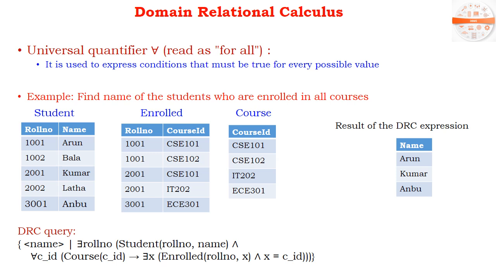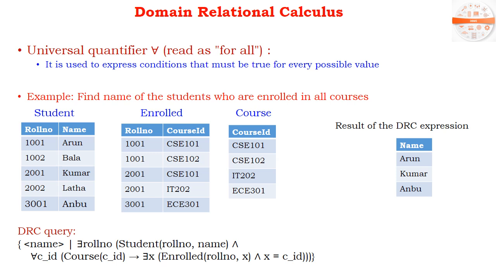Then how to write the DRC query? Now you are going to display only the name. So just start with the name on the left side. Then the roll number is associated with the exist quantifier. So roll number and name belong to the student relation. And the CID is associated with the universal quantifier. So again the CID belongs to course.